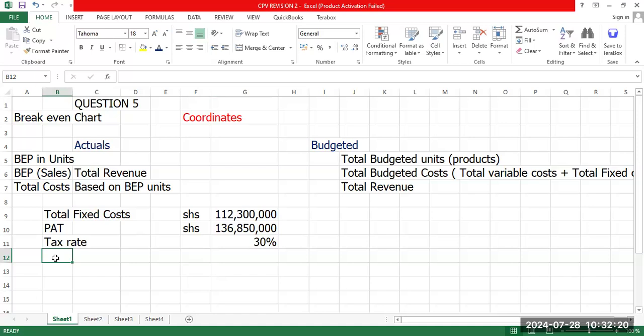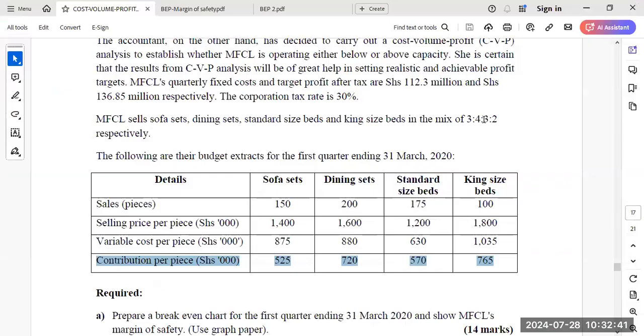Then we are given sales mix as 3 to 4 to what? 3 to 2. Check, confirm. 3 to 4 to 3 to 2. Then fixed costs, this one.